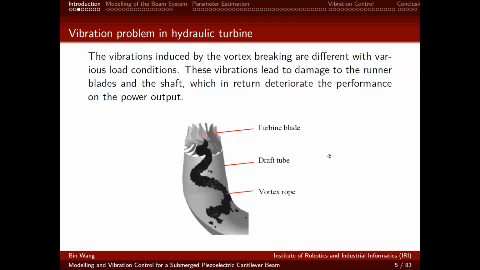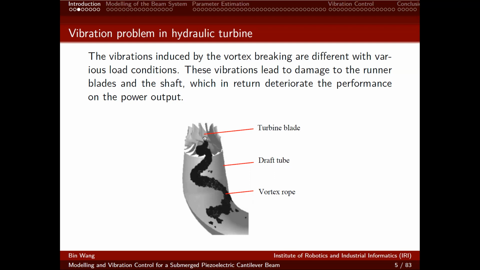The vibrations can lead to damage to the runner blades and the shaft, which will deteriorate the performance of the power output. This is a basic profile of the vortex rope.